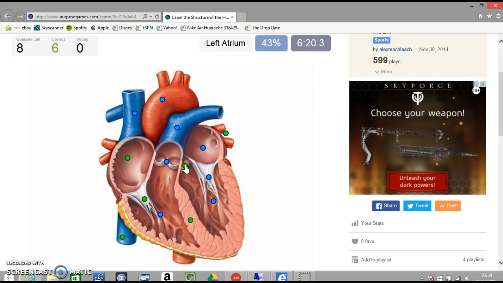The left atrium is found right in the middle.